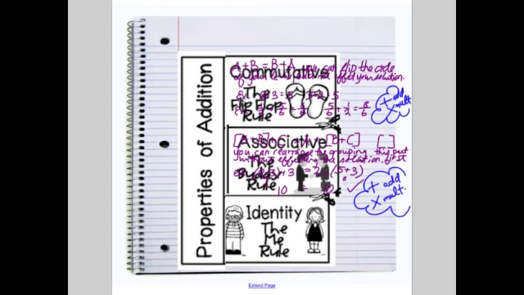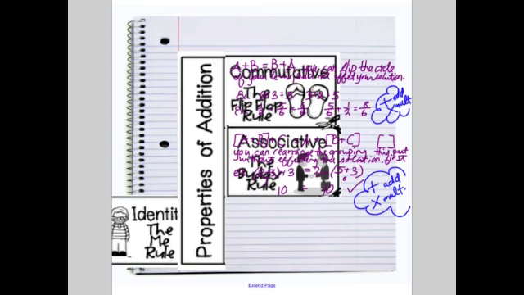The last rule that we're going to talk about is the identity rule, or the me rule. And the identity rule is different for addition and for multiplication. So we're going to have two specific rules here. The identity rule when you're adding says A plus 0 equals A. If you think about the name here, the identity, when you have an identity, it is who you are and it remains who you are.